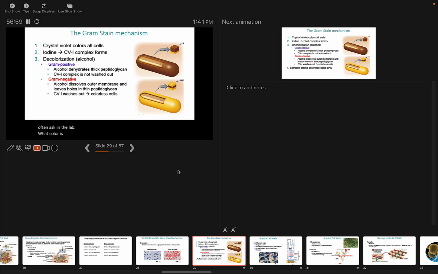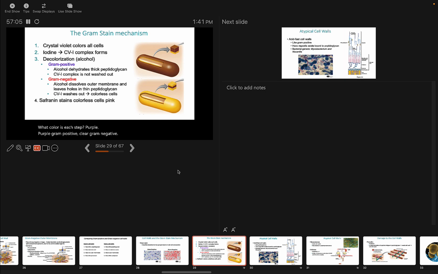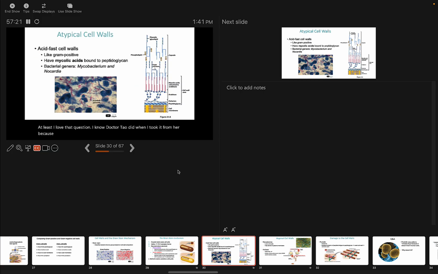Purple. Purple gram positive, clear gram negative. Purple gram positive, pink gram negative, because you use that counterstain. We love that question. At least I love that question. I know Dr. Tao did when I took it from her, because I remember having that question.